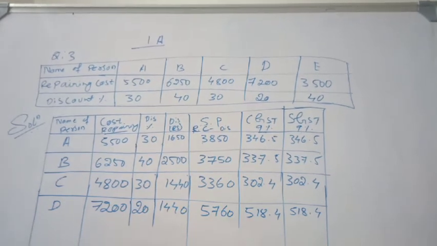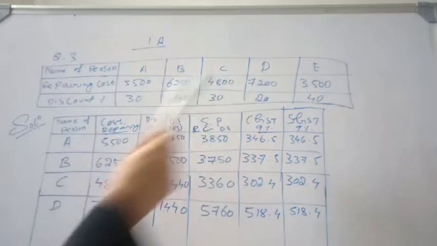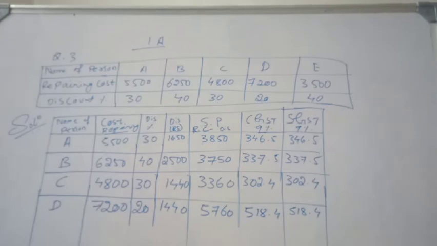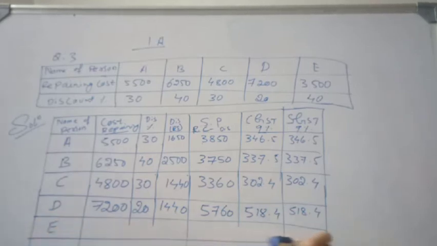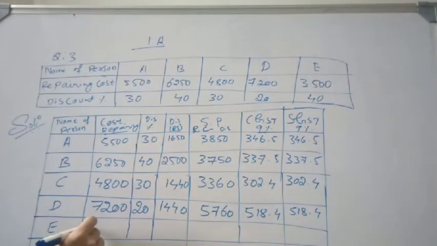Now come to the last person, E. The repairing cost is 3,500. The discount percentage is 40%.